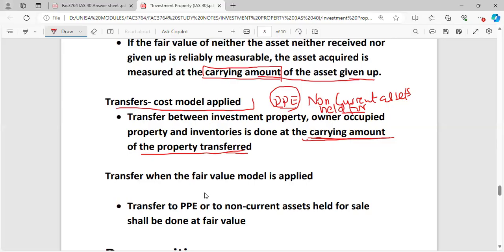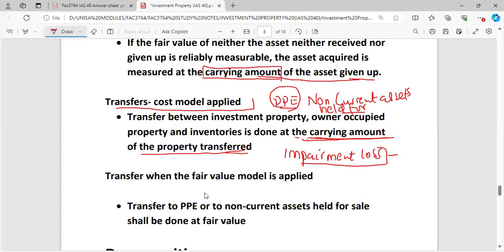But there's a situation here when we have impairment loss. If there is impairment loss, then you need to bring it down again from its carrying amount by the amount of the impairment loss. So that is the value that you are going to transfer.